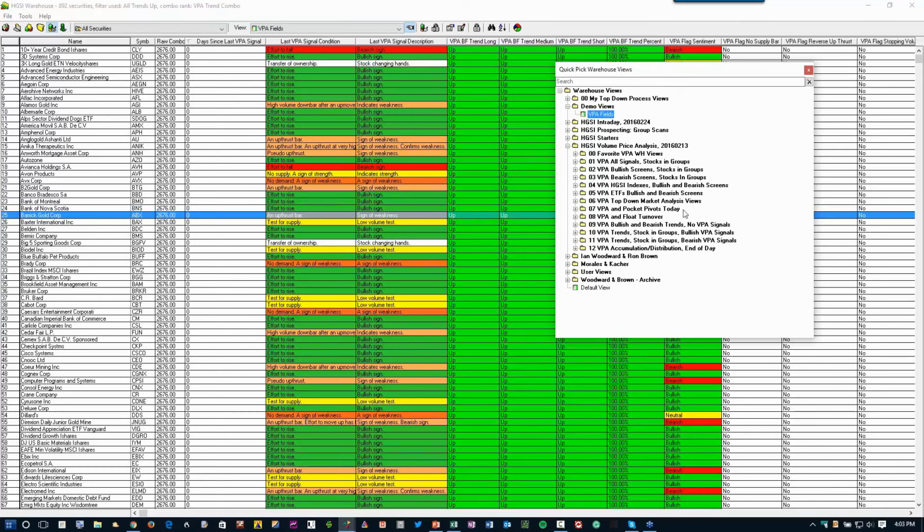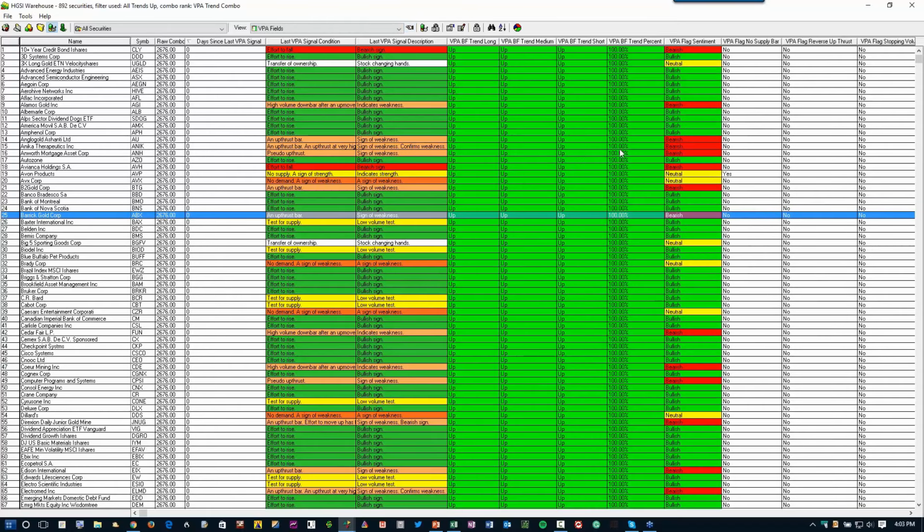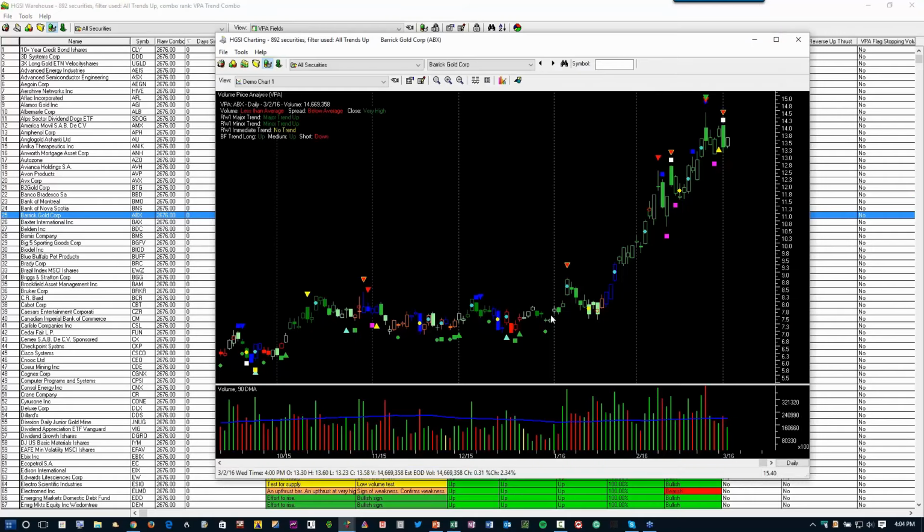But these trends I set up so I could look at only stocks that are showing a long-term trend, a medium-term trend, and a short-term trend. And I'm going to go into a gold stock, since gold has made a tremendous move here.